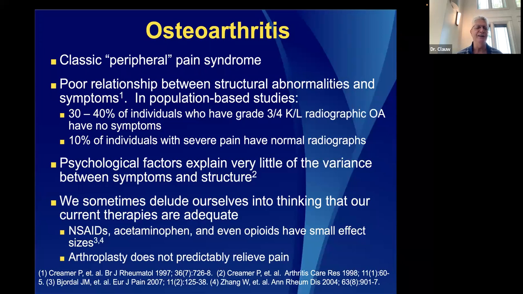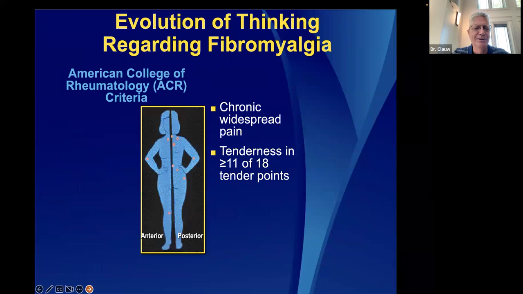We have looked at the 20 or 30% of people who have knee osteoarthritis and have a shiny new titanium joint put in, and that doesn't at all help their pain. But we've used that as a model to help explain why, if we just look at what's going on in the X-ray, we're only really seeing a part of that person's pain.